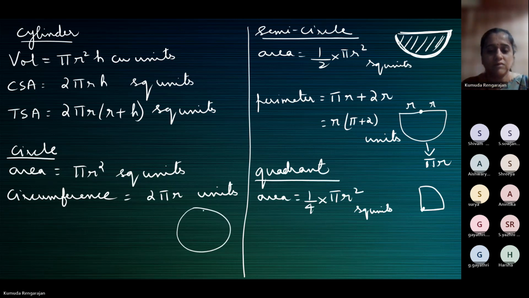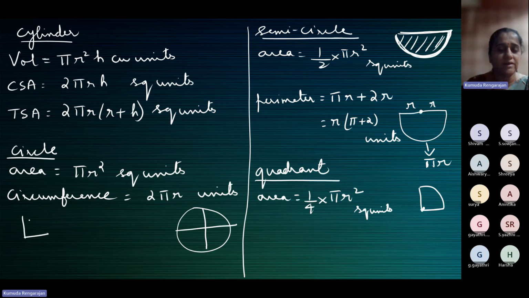When a circle is divided into 4 equal parts, each part is a quarter circle or a quadrant. So the quadrant is bounded by 2 radii and 1 arc. This is the center of the circle, the radii, and an arc.